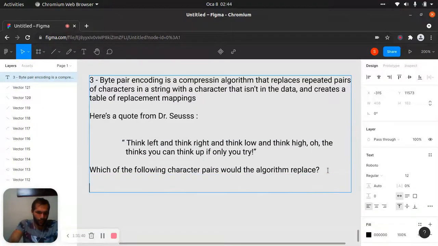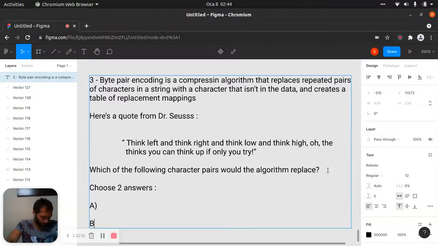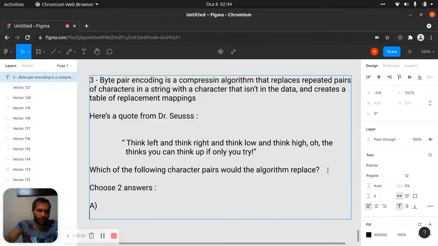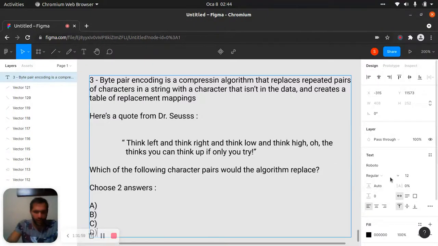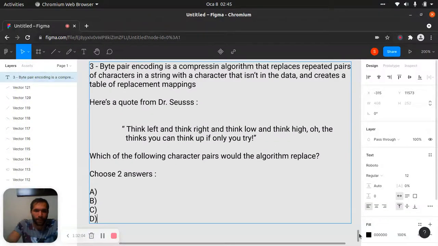Now let's choose two answers here, because there are two answers. Say A, B, C, D. Now we will examine it together, and consciously we will come up with the solution.